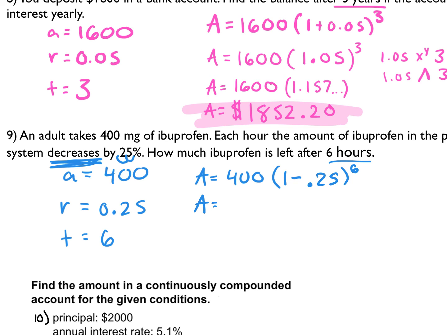What do we have to do first to follow our order of operations? The parentheses. So 1 minus 0.25 would be 0.75. What should we do next? The exponent. So 0.75 to the power of 6.